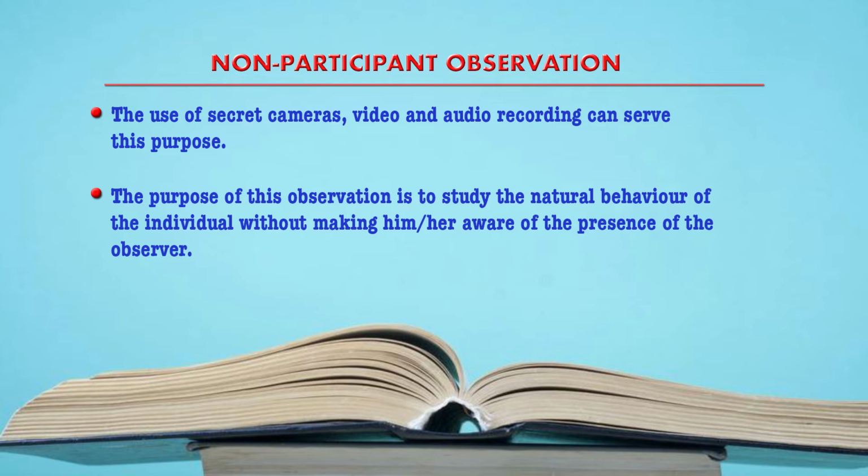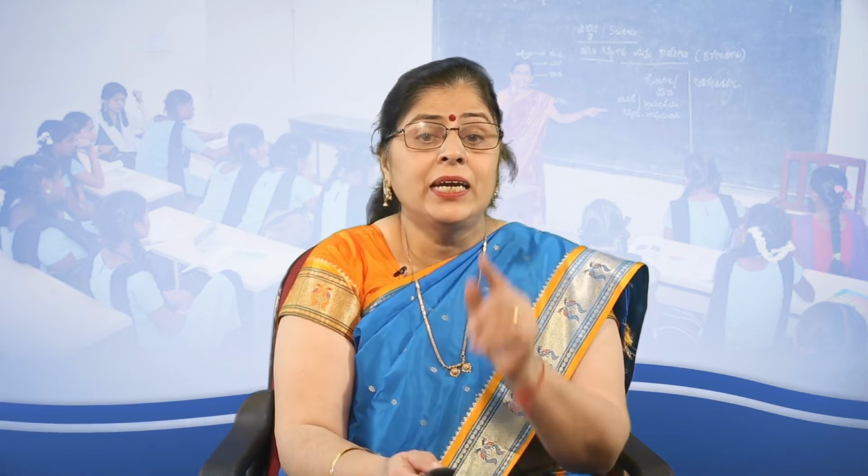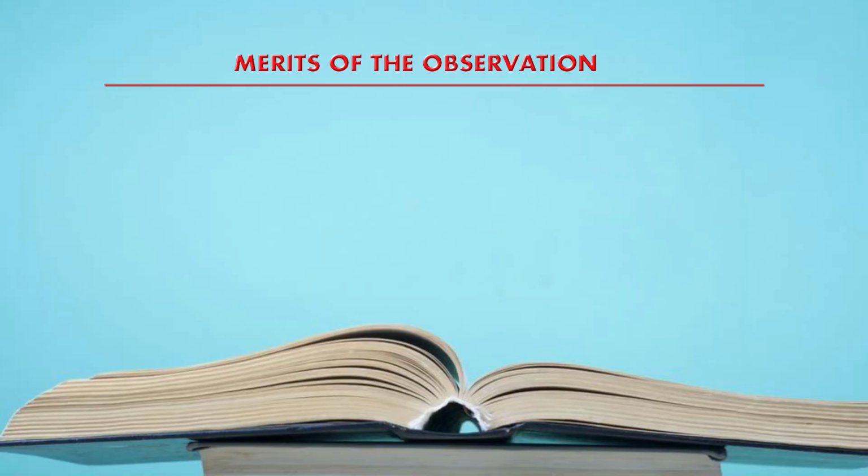In this way we can observe our subject and get an idea. The purpose of this observation is basically to study the natural behavior of the individual without making him aware that there is a hidden camera or that somebody is observing. He doesn't come to know. It is non-participant observation.